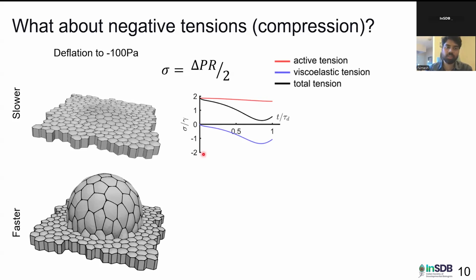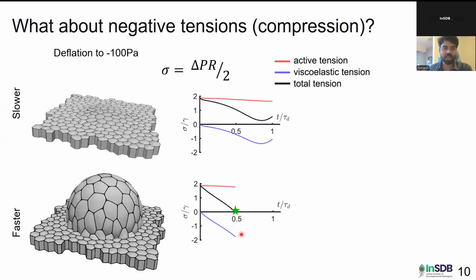And this is because the viscoelastic tensions are being dissipated as we are deflating the tissue. And so the active tension remains dominant and the total tension never goes below zero. So we never introduce compressive stresses in the tissue.